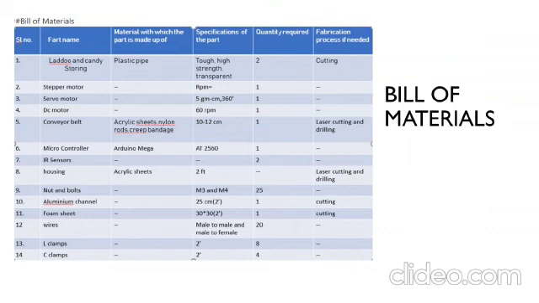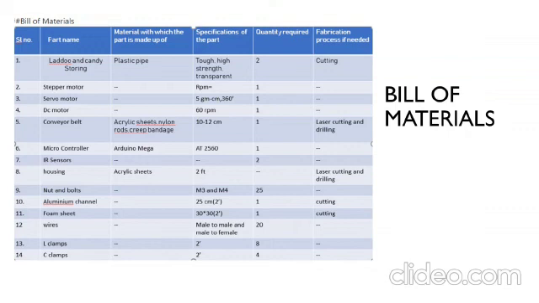Next in the list we have the microcontroller, that is Arduino Mega 2560. 2 IR sensors for sensing the plate. Acrylic sheets of 2 feet would be required for the housing.